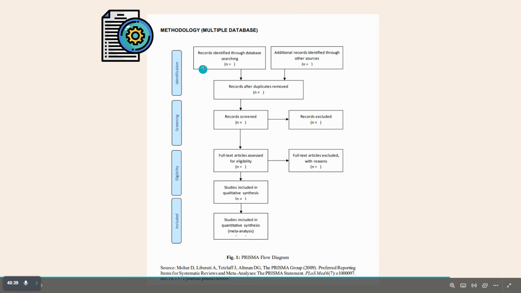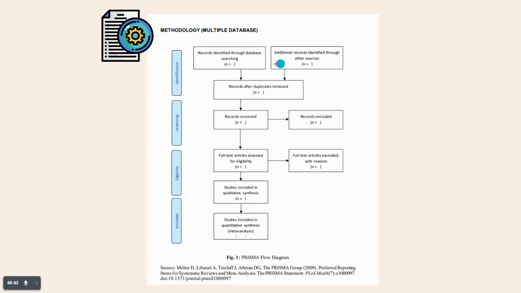First of all, you have the records identified through the database search string. Second, the records after duplicates are removed, because some journals are indexed in Scopus and also in Web of Science. So there is a possibility of getting duplicate files. That's why you have to remove the duplicates.